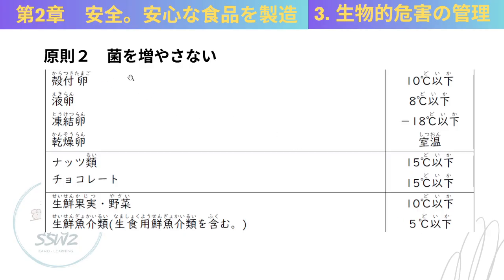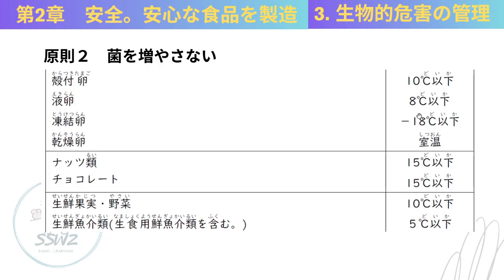Karachuki tamago or taurus egg. We need to store it at 10 degree. Akiran, it is liquid egg. We need to store it at 8 degree. Tokisuran, that's frozen egg.